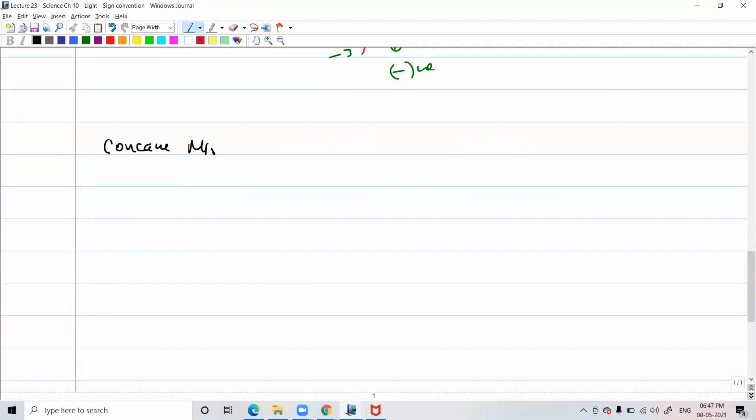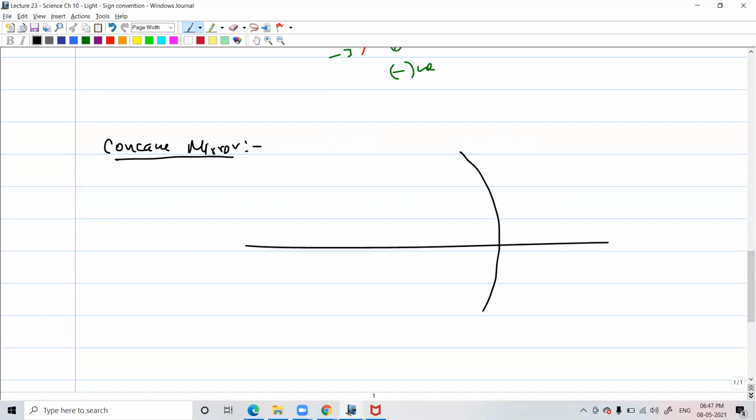Concave mirror. See, now we are going to consider that I'm going to place some object anywhere. Let's say this is my object AB.